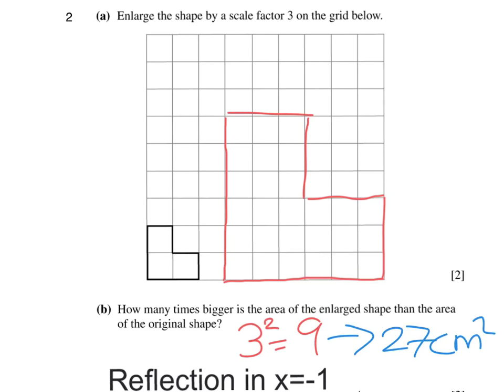So if we count those, we've got 1, 2, 3, 1, 2, 3, 4, 5, 6. So that whole bit that I'm outlining will be 18, 3 by 6, and then 19, 20, 21, 22, 23, 24, 25, 26, 27. So an area of 27. Just remember, it is not the same as the scale factor given in the first part of the question.